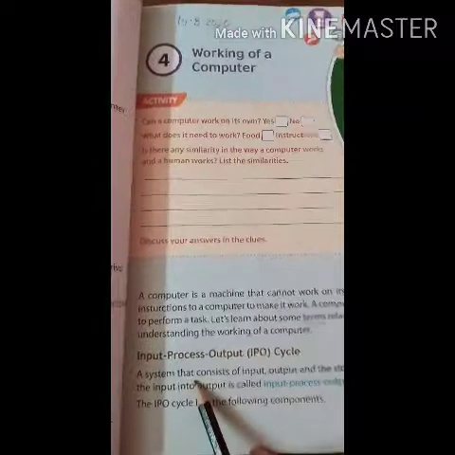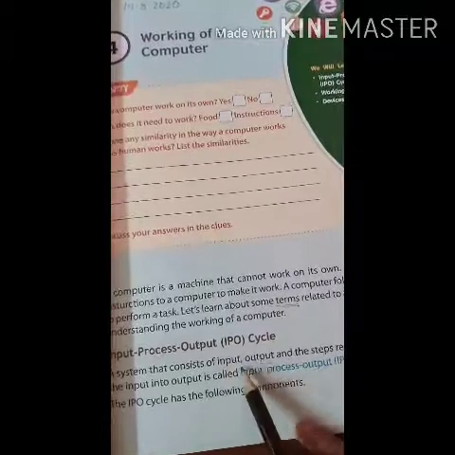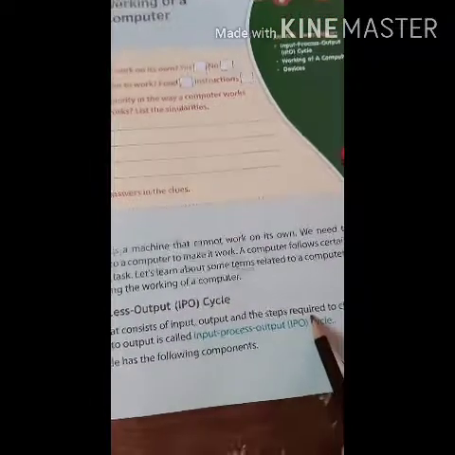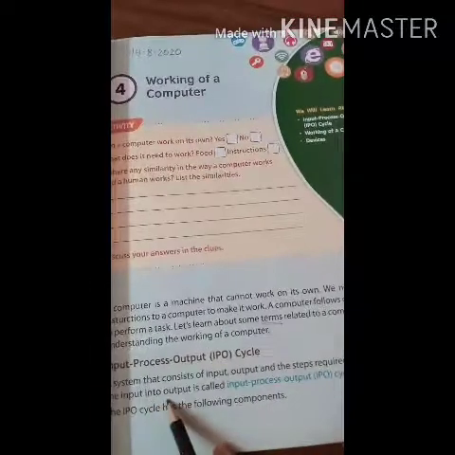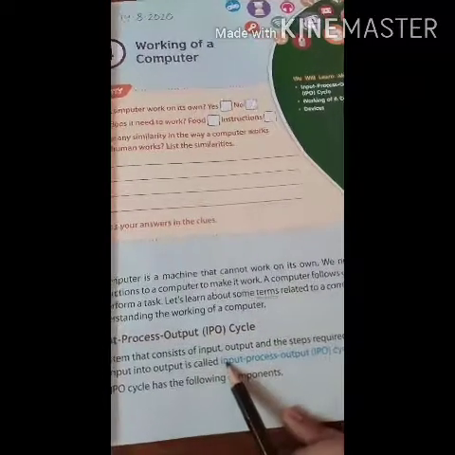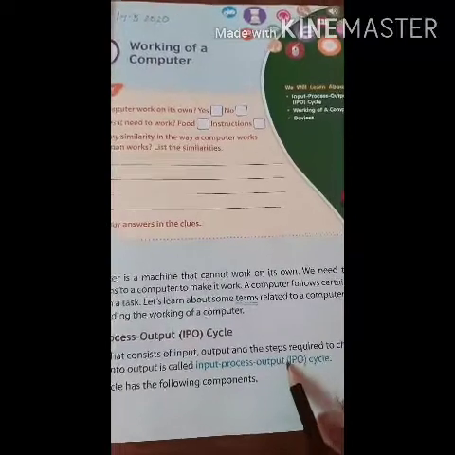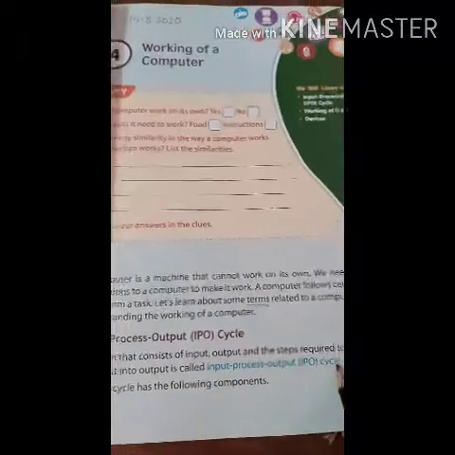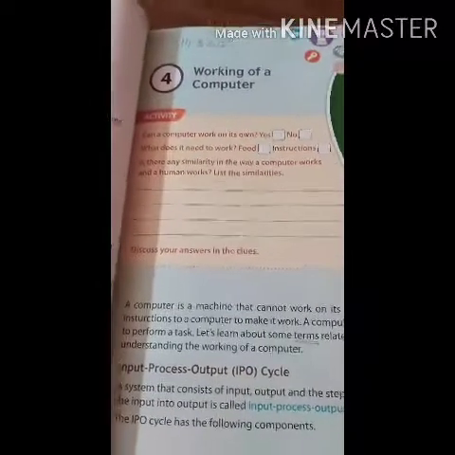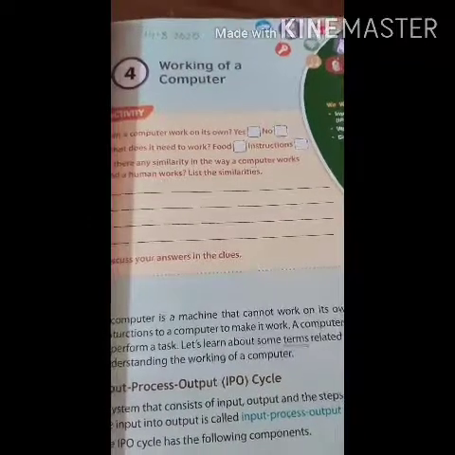A system that consists of input, output and the steps required to change the input into output is called input, processing, output. That means IPO cycle. So what is this? It is the process that converts the input into output.